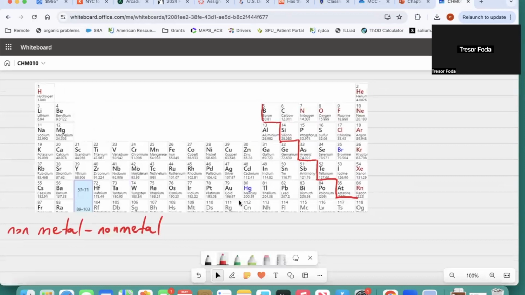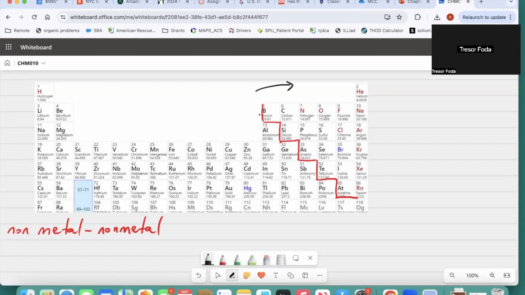Okay. And if we can refresh our memories, right? This is our periodic table. We've been seeing this for a while now. And if I ask you which elements are going to be metal and non-metal, and this is my metalloid stairways, the red stairways is the metalloid stairways. So if you're on the right side of this stairways, are you going to be metal or non-metal? You're going to be non-metal, right?